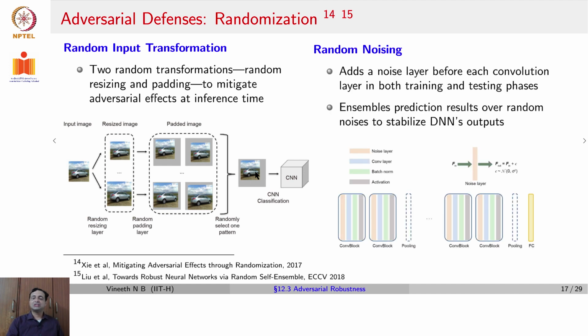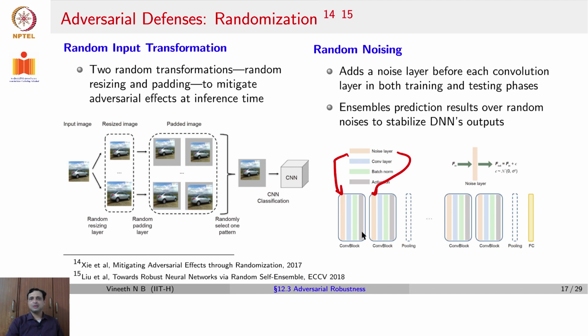Another approach is called random noising, where a noise layer is added before each convolutional layer in both training and testing phases. You can see here a convolutional block which has a convolutional layer, a batch norm layer and an activation layer. Now you also have a noise layer added to each of your convolutional blocks.